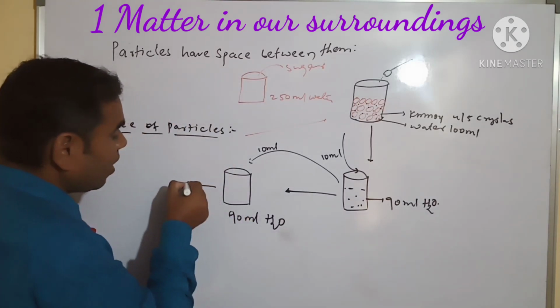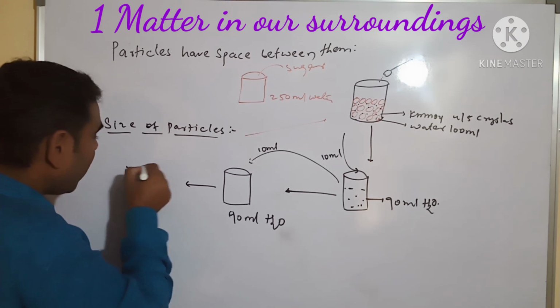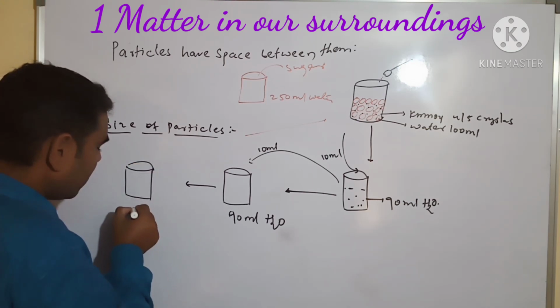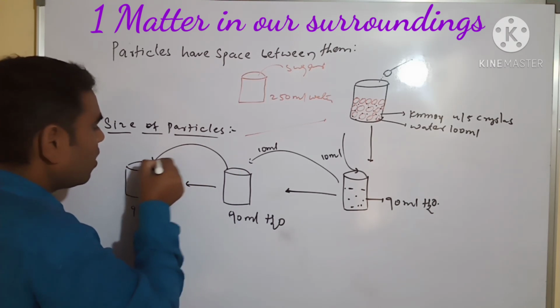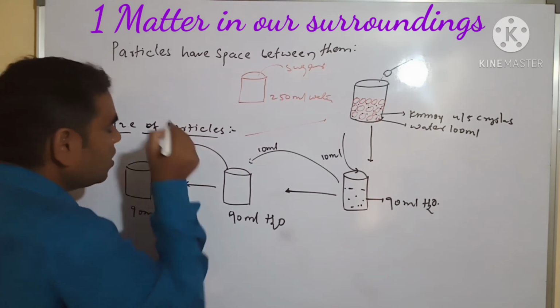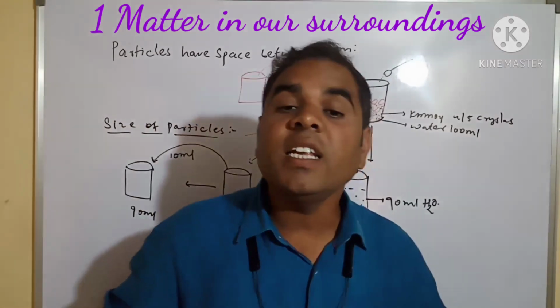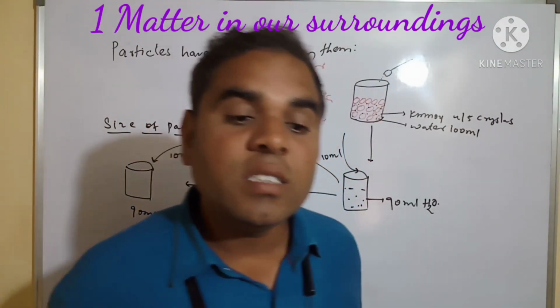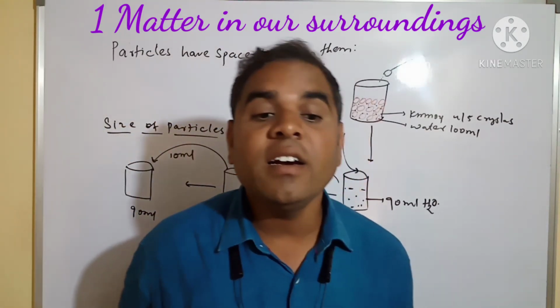See, if doing this activity experiment, it is 90 ml pure water and adding the 10 ml of this solution. What will happen? Decreasing of the color. So the color is decreasing. We get lighter color.